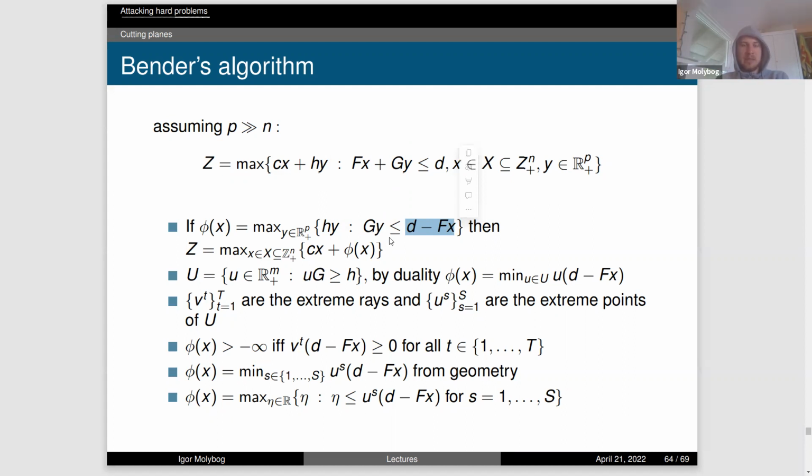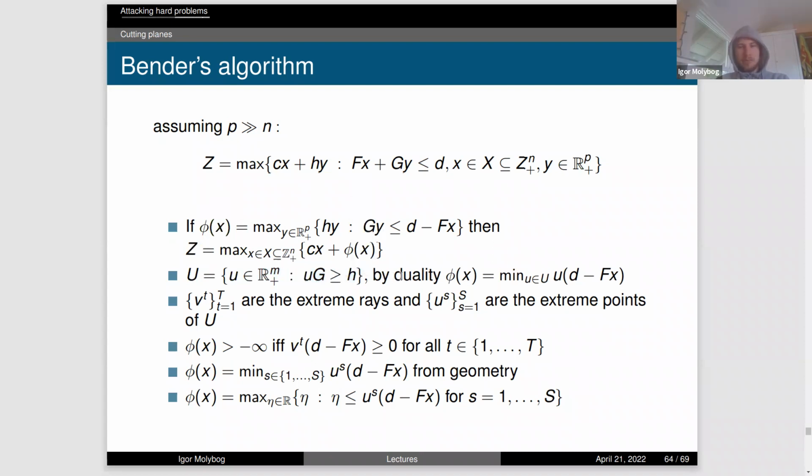Therefore, there must be a dual for that linear programming problem that has the same optimal value as the original, and this set U corresponds to the feasible set of that dual problem.